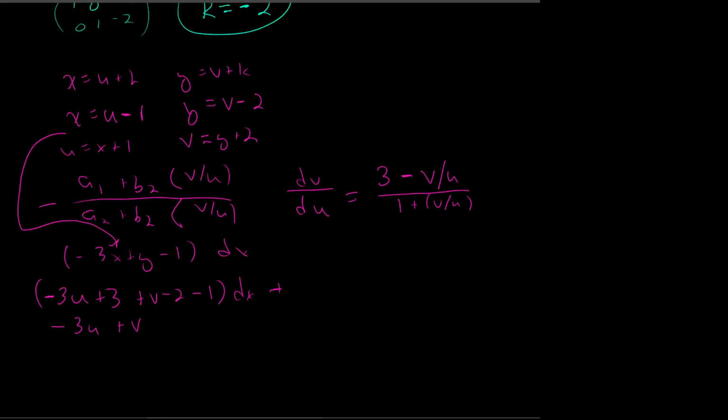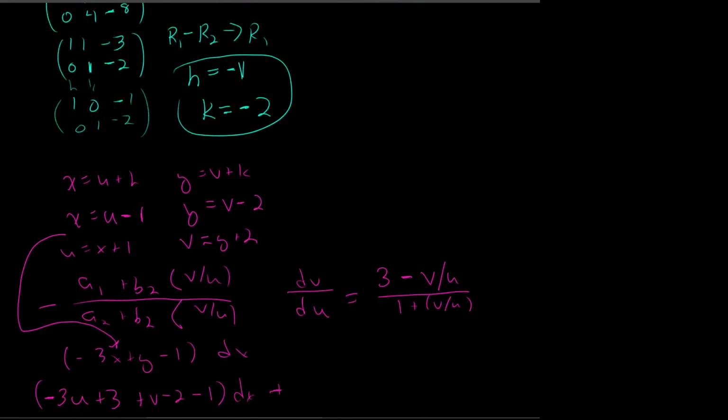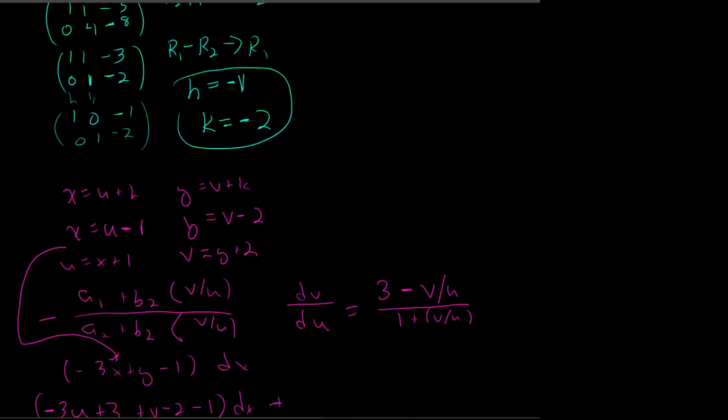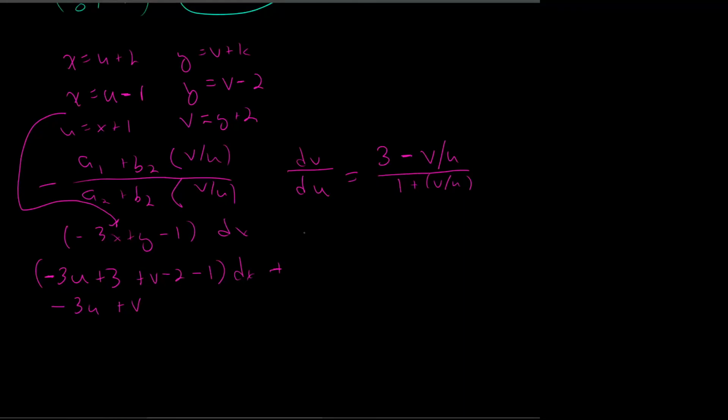And then let's look at my other term. Come back up here. I want to substitute in; I wrote it down there: x plus y plus 3 dy equals 0. And so I'll come in here. X is u minus 1.